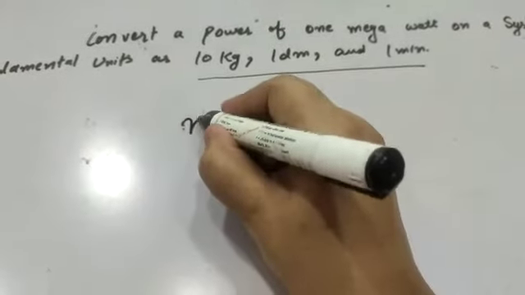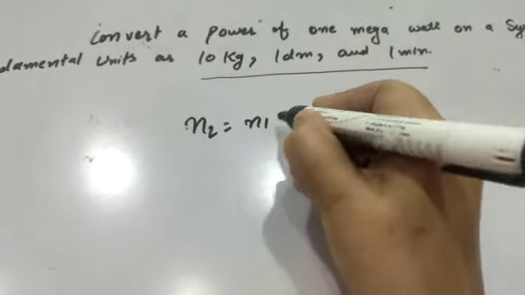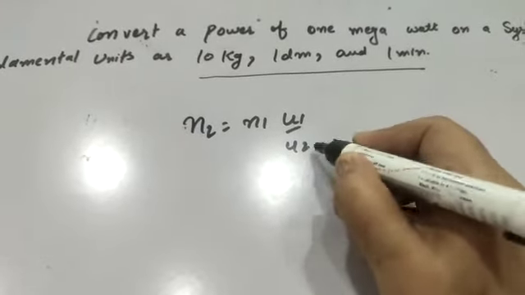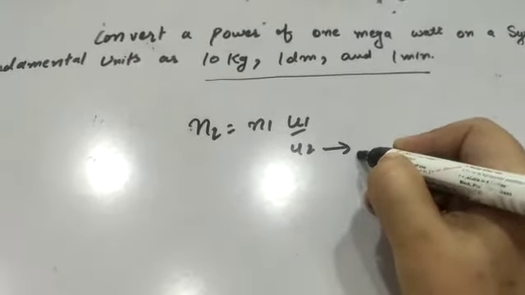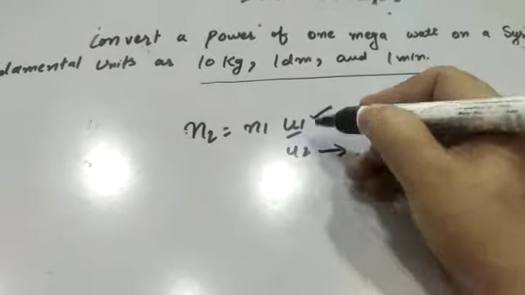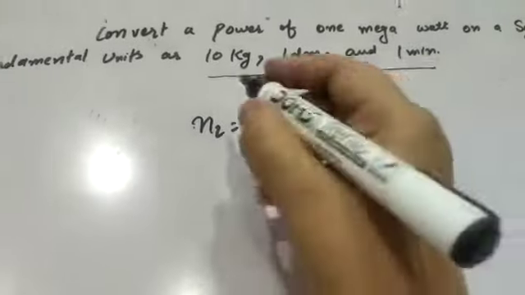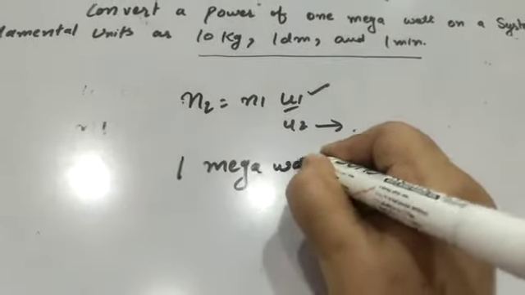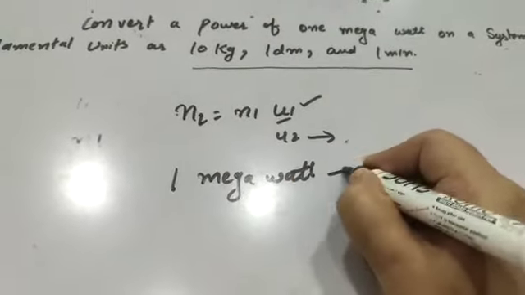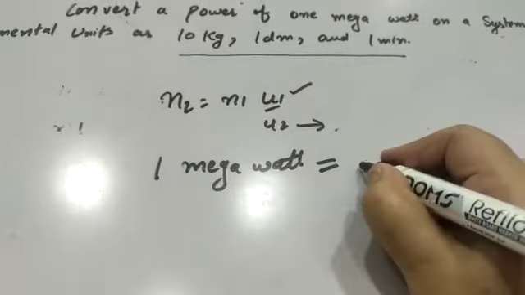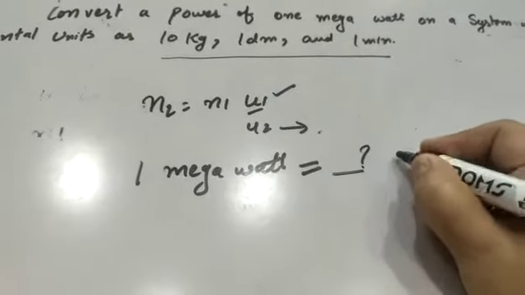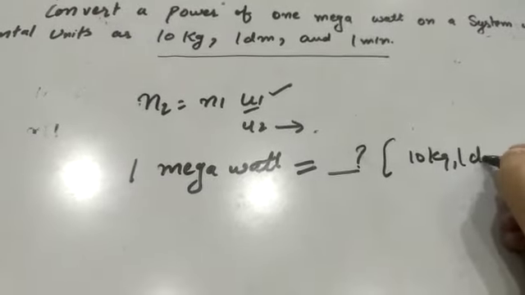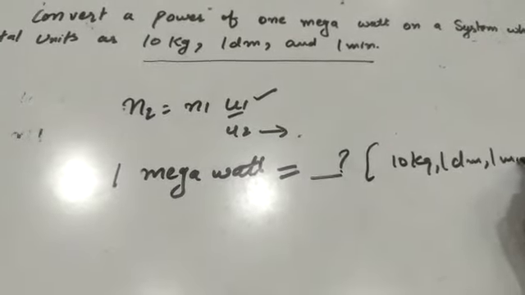Means the formula is N2 is equal to N1 U1 upon U2. So this is the system in which we have to do the conversion, and this is the system whose conversion is to be done. So the question is 1 megawatt power is to be converted into a system of units whose base units are 10 kg, 1 decimeter and 1 minute.